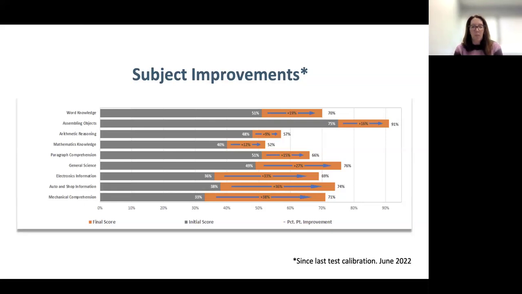Now, some folks would probably be skeptical of this data, and I think that would be wise. But I'm here to tell you that one of the reasons why we see so much progress is because this data represents individuals who have actually gone through the whole program, soup to nuts. So these are folks who have come through the course, taken that pre-assessment, gotten all of their lessons, and have been able to go through the course to the end.